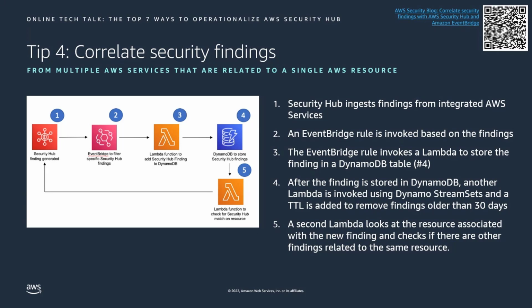And then we have another Lambda function, denoted in number 5, that looks at the findings in that Dynamo table to see if there are findings that relate to the same resource. So let me give you an example. If GuardDuty detects a backdoor finding and perhaps Inspector detects a critical common vulnerability or exposure, otherwise known as CVE, on the same EC2 instance, it's pretty likely that that EC2 instance was compromised and perhaps a backdoor was installed because of the CVE vulnerability.